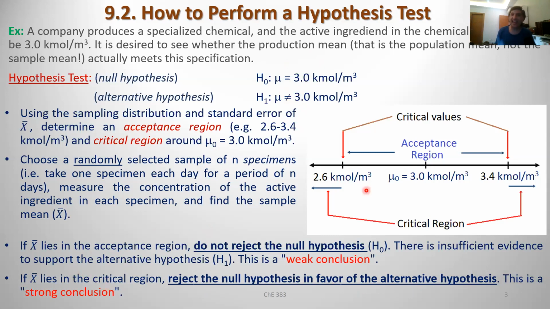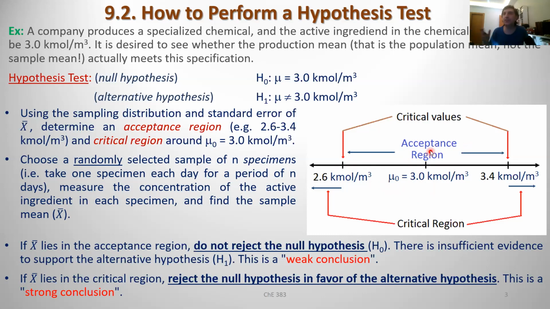If on the other hand, the x bar value falls in the critical region, here smaller than 2.6 or larger than 3.4, in practical terms, this means the x bar value is far from the hypothesized value in H0, the null hypothesis. This should point out that the hypothesized distribution, because its mu value was equal to this one, is not valid except in this region.